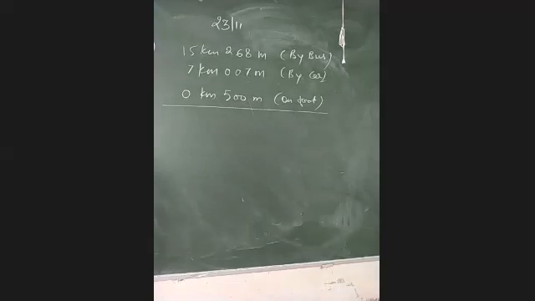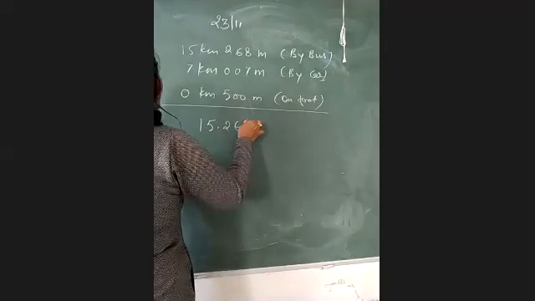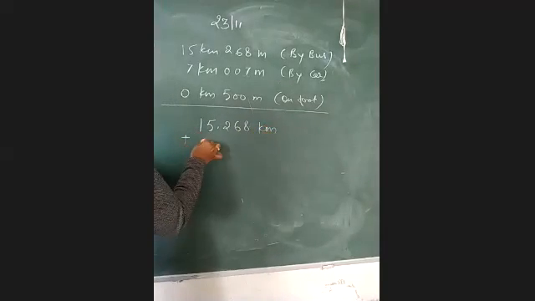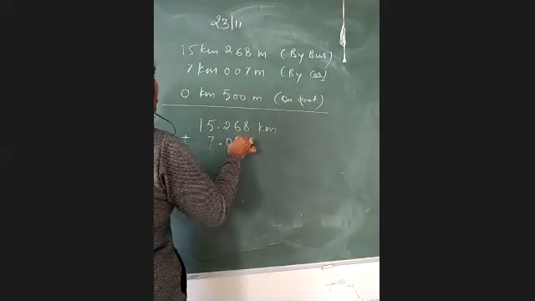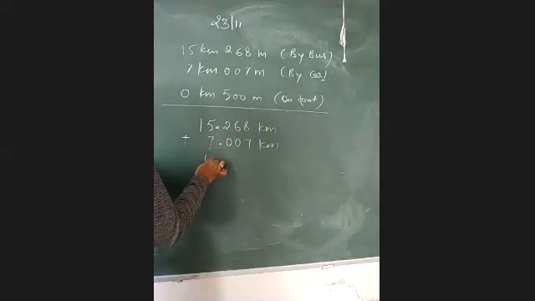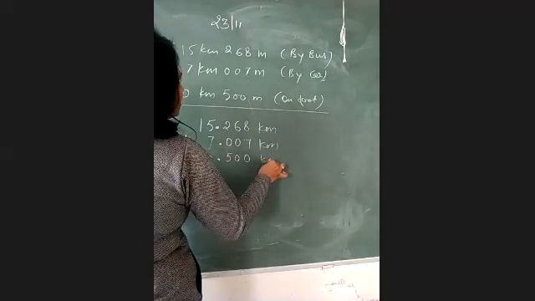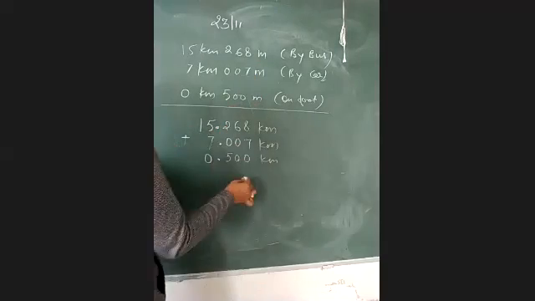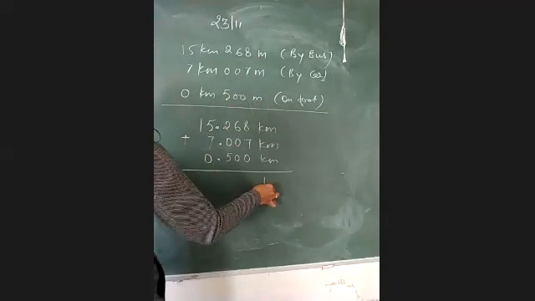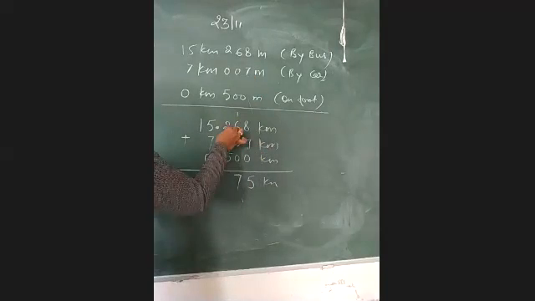If you will convert into decimal, यहाँ आएगा 15.268 किलोमीटर plus 7.007 kilometer because you are converting into decimal. It will give you 0.500 kilometer. ठीक है. Just need to add it. It's kilometer. 8 plus 7, 15. Carry 1. 7 5 or 2 7. 7 5, 12. Carry 1.